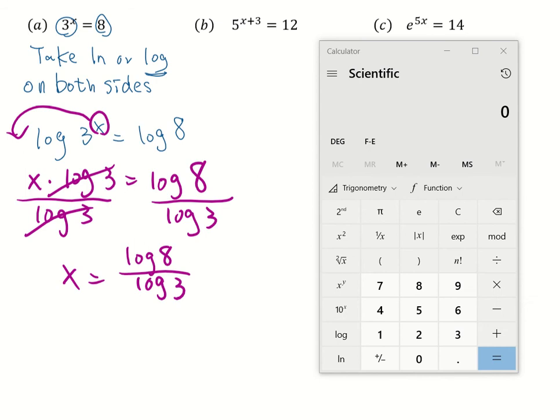If you round the answer to a certain decimal, you can use a calculator to find the value. So log of 8 divided by log of 3 equals 1.893. Let's round it to the nearest thousandths.